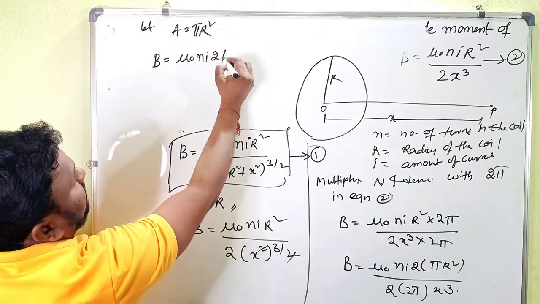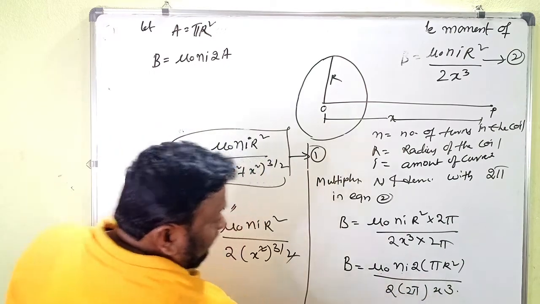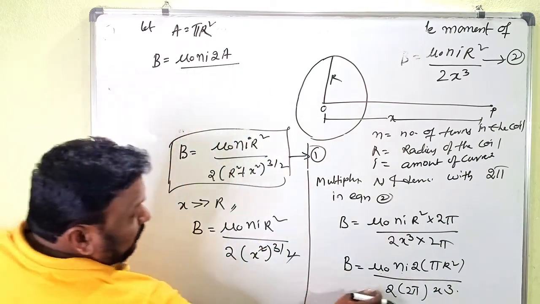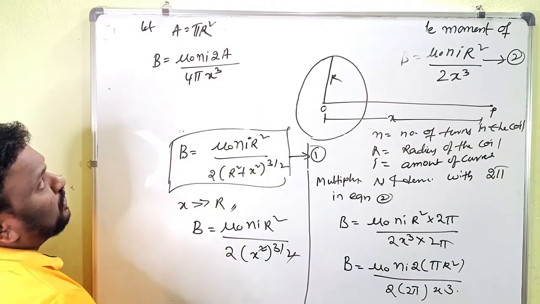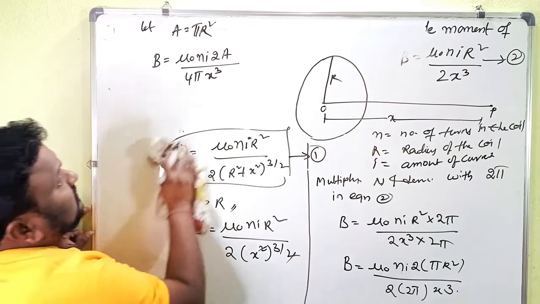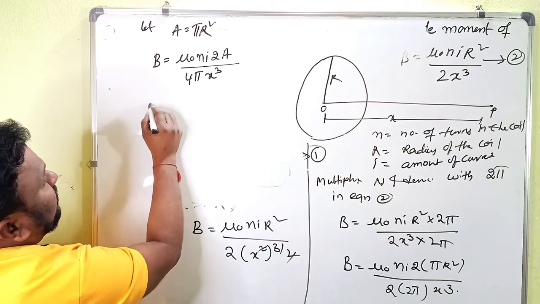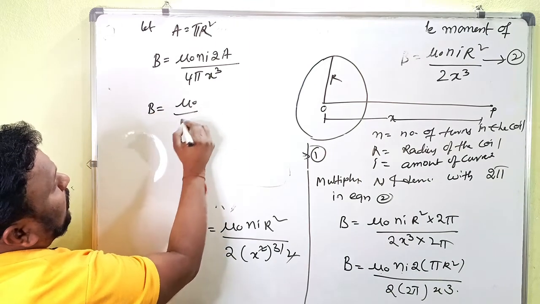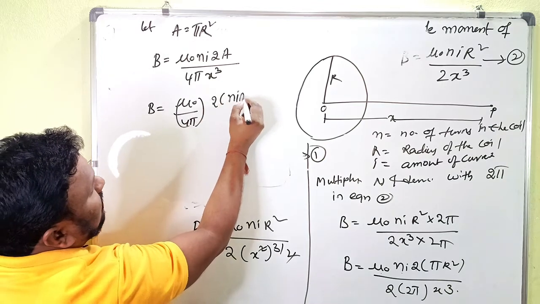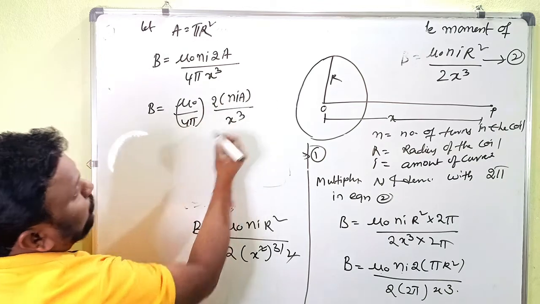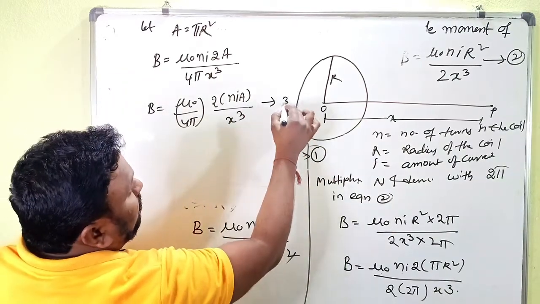Pi r square is A. Mu naught n I 2A by 2 into 2 pi, that is 4 pi into x cube. So from that I am going to write this as B is equals to mu naught by 4 pi into 2 of n I A by x cube. So this is equation number 3, children.